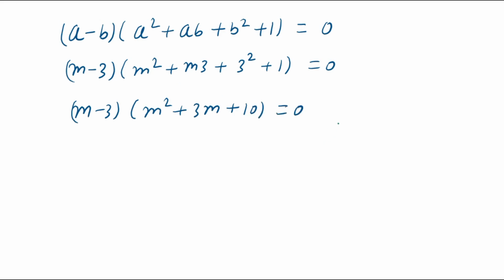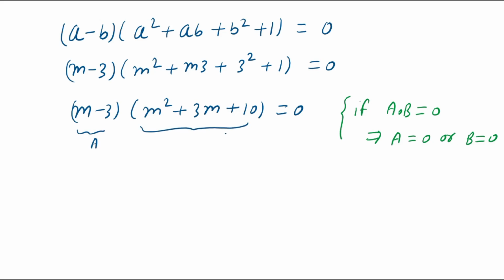On the left hand side here we will apply this rule. If a times b equals 0, this implies a = 0 or b = 0. If we apply this rule, then this expression is a and this expression is b. Then m - 3 = 0, so the value of m is 3.